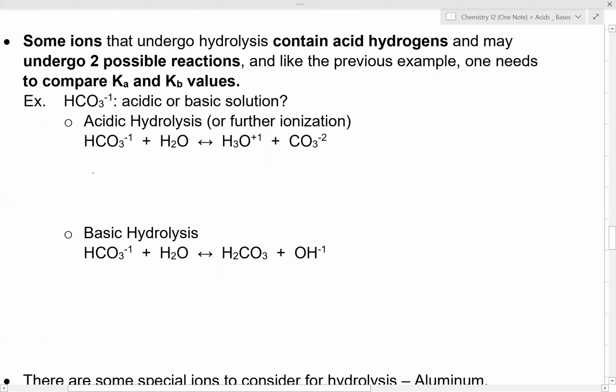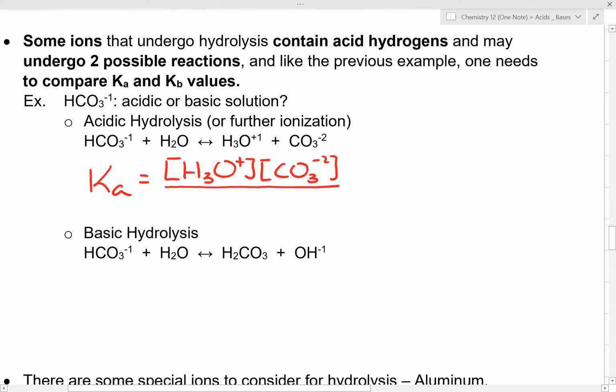And so what we have is our Ka expression. Ka is equal to the concentration of H3O plus times the concentration of CO3 minus 2, all over the concentration of HCO3 minus 1.